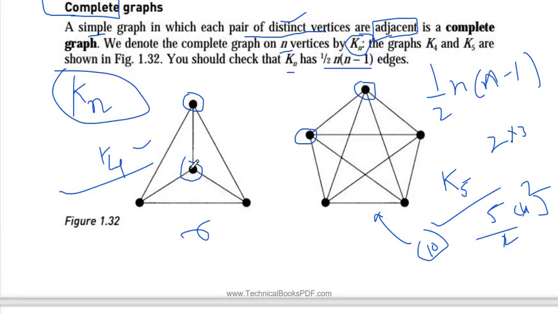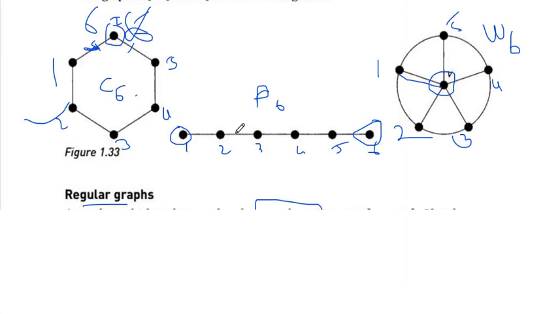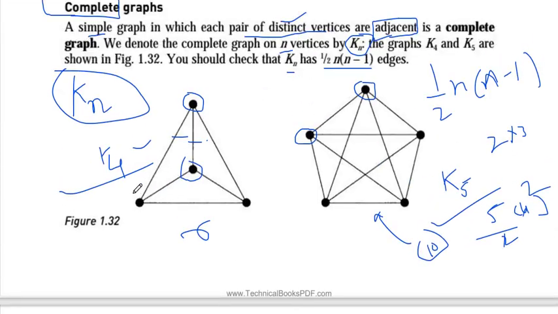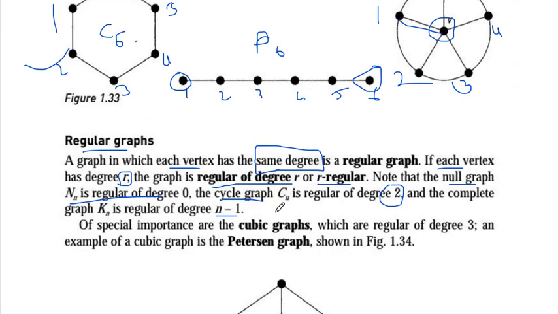Because in a complete graph every vertex has the same number of edges, so it is regular of degree n minus 1. One edge less: if there are 4 vertices, the degree of each vertex is 3. So n minus 1.